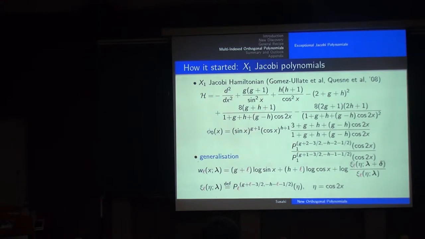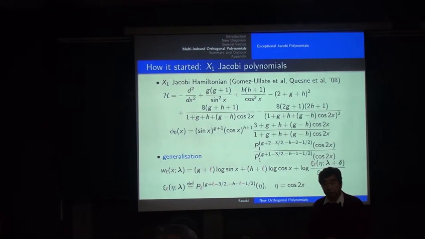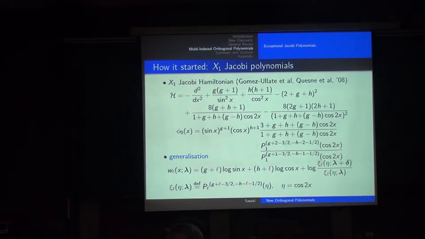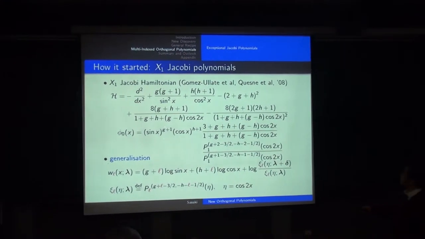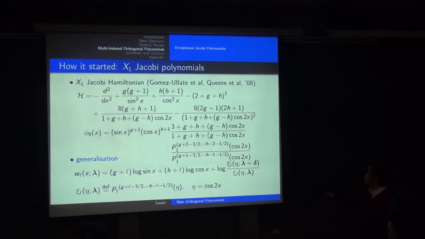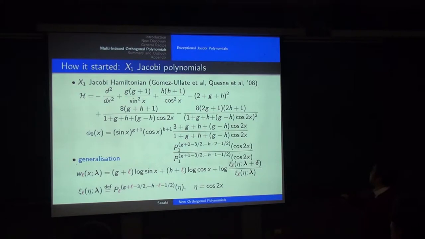And I just looked at this formula for about 10 months. Then I realized, as I told you, any potential can be uniquely expressed by its ground state eigenfunction. So I just wrote down the ground state eigenfunction of this. It is sine square of x to the power g plus 1, since it is changed from g minus 1 to g, cosine of x to the power h plus 1, times the ground state, which is just a degree 1 polynomial.